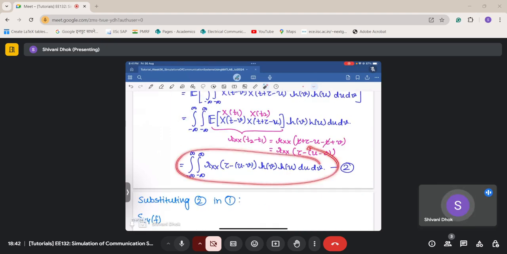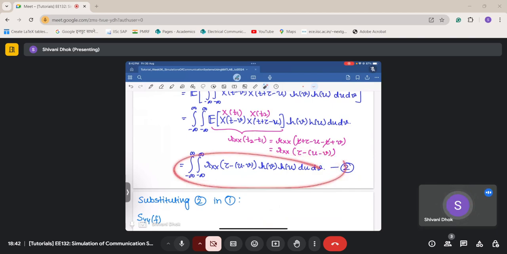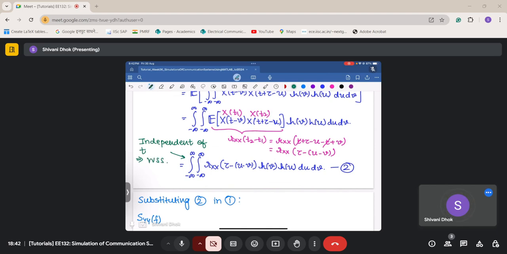This particular integral that we have obtained here is independent of t, which means that again this is a wide-sense stationary process. So that is an important thing that we should look at here. I'll just make a note of it. This is independent of t, which means that this is wide-sense stationary.